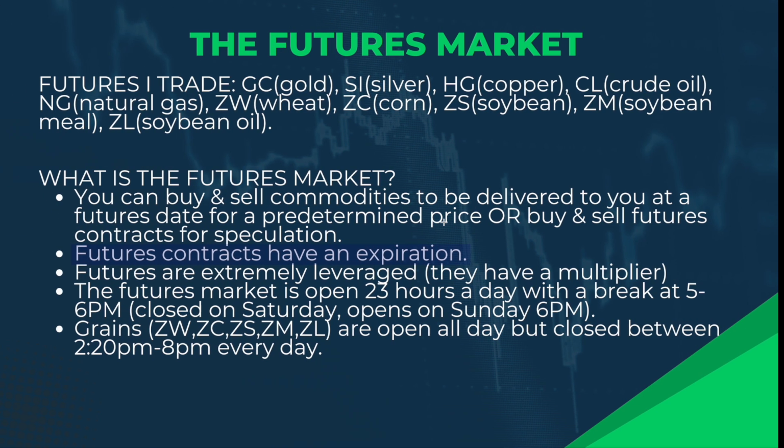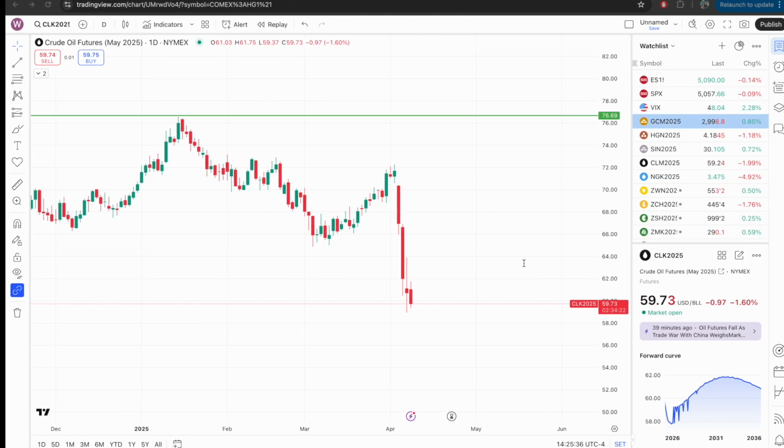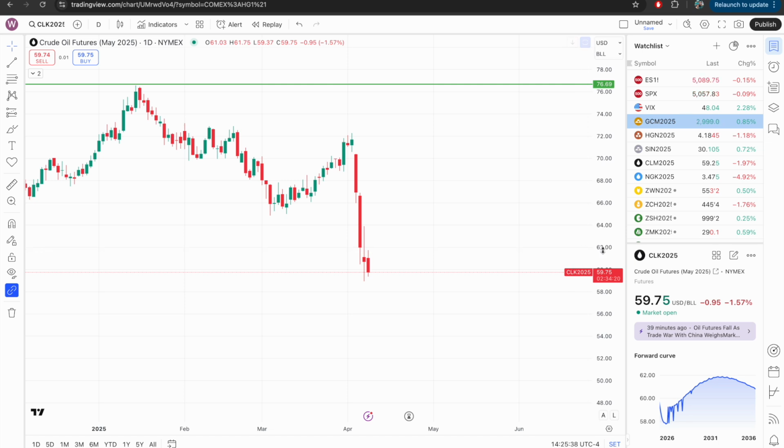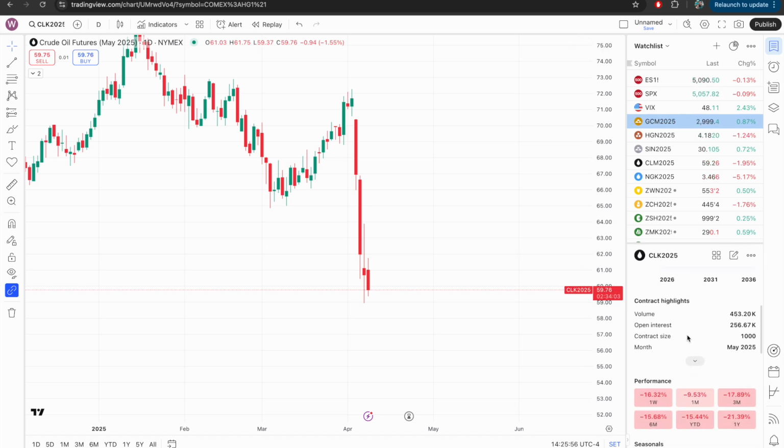Now, the next thing is futures are extremely leveraged, and they have what is called a multiplier. So for every $1 move, if we bought, for example, crude oil at $62 a barrel, and we sell it at 63, so we have a 1 point difference, or a $1 difference, this $1 is actually worth $1,000.